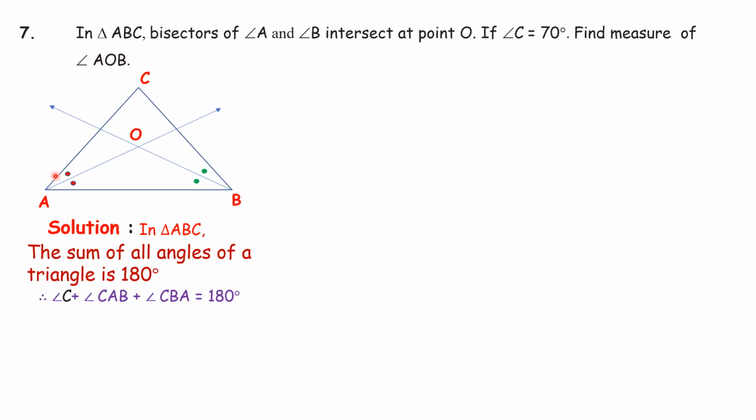Now substitute the value of C: 70 degrees plus angle CAB plus angle CBA is equal to 180. Therefore, angle CAB plus angle CBA is equal to 180 degrees minus 70 degrees, which is 110 degrees. This is statement number 1.